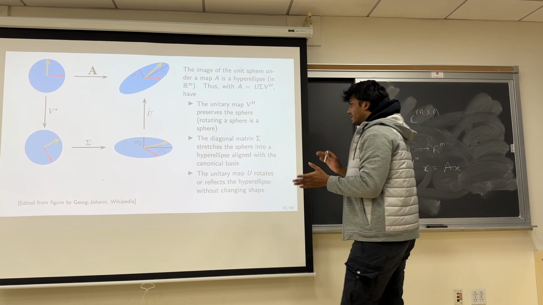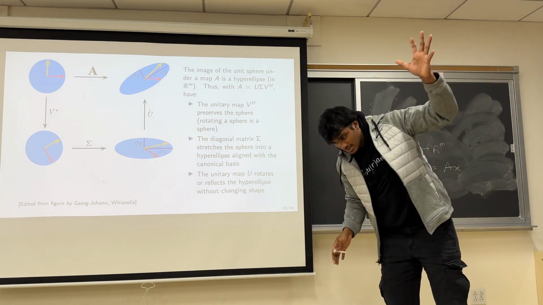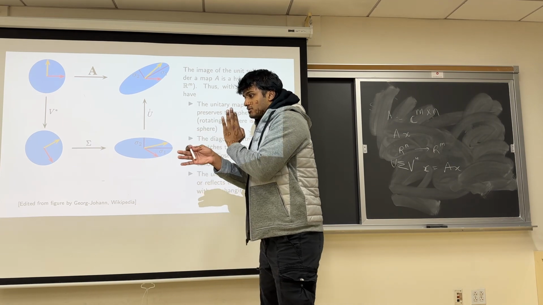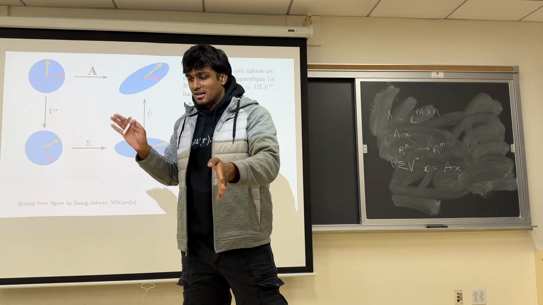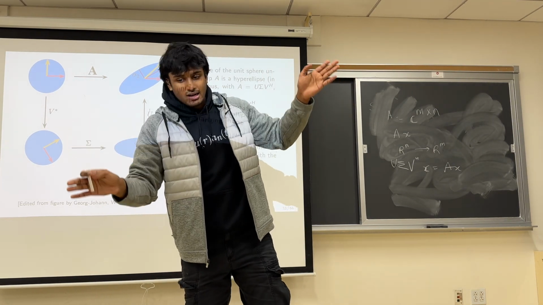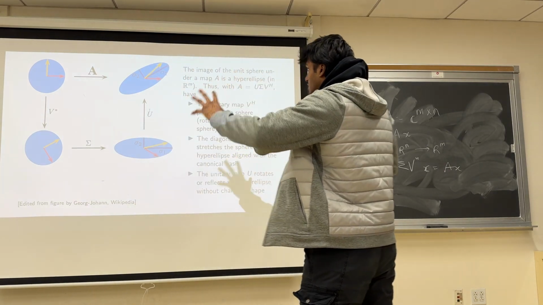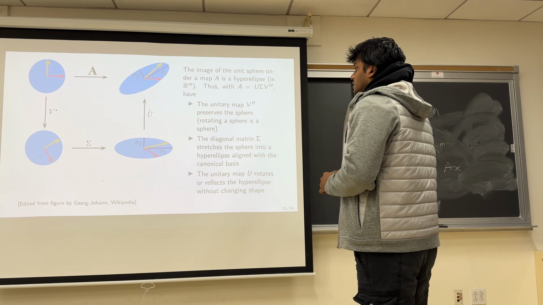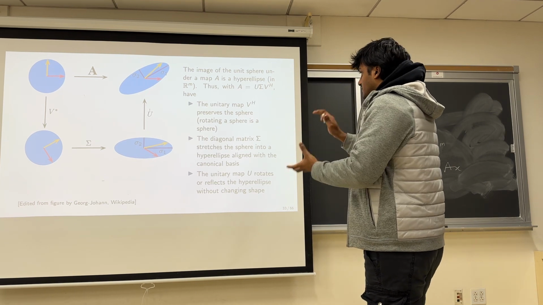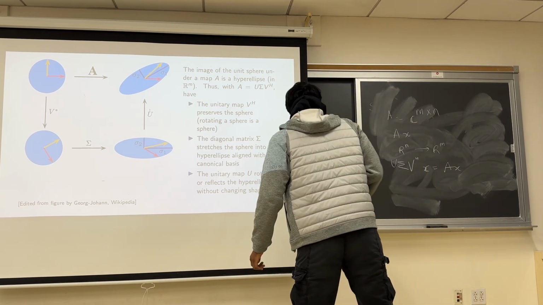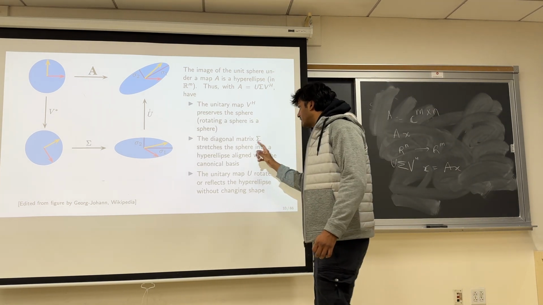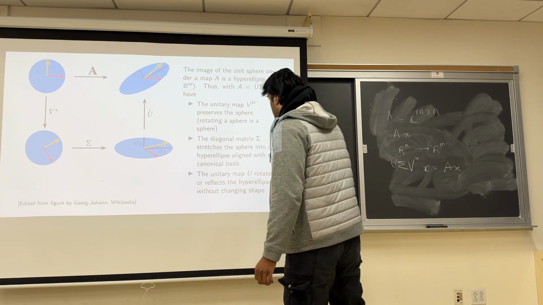So all V does is rotate and move the axes of that sphere. Instead of facing towards the x-axis, y-axis, z-axis, now my sphere is rotated and tilted. So now the sphere is still a sphere. Now the diagonal matrix sigma stretches the sphere into a hyperellipse aligned with the canonical basis.